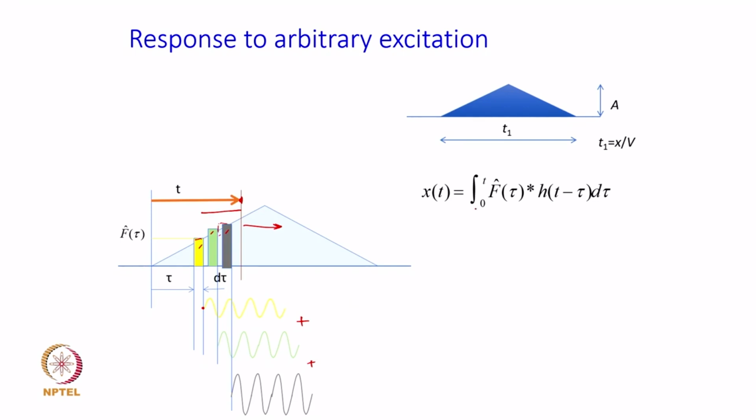So, this integration limit, which actually was initially a summation sign, but we said that if dt or d tau is approaching 0, then that summation converts to an integral, and that is how this integral, which is commonly called the convolution integral or Duhamel's integral, actually gets used in this particular case.